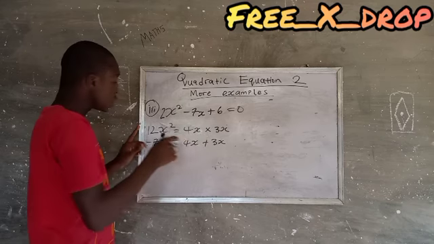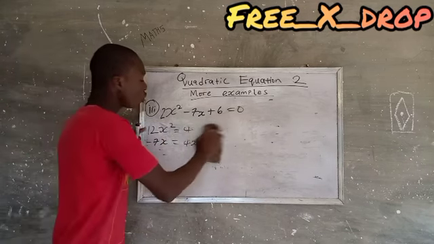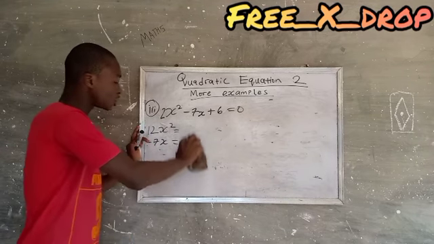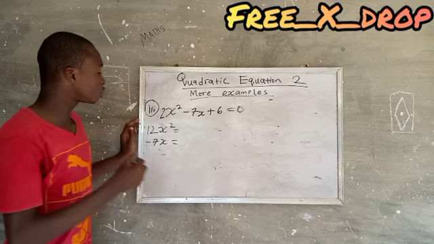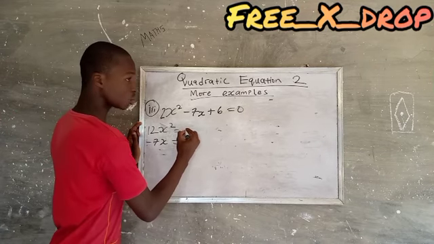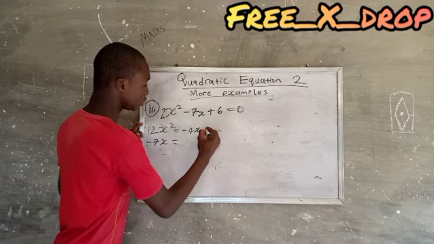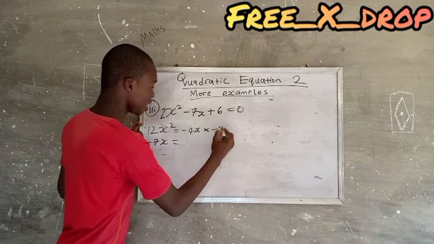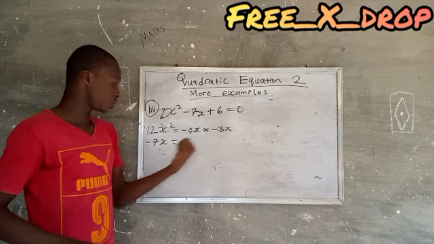So for us to get it, we must think of the perfect way to arrange these numbers so that it gives us what we have here. And how are we going to do that? The perfect number to use is minus 4x times minus 3x. Note, minus times minus is what?